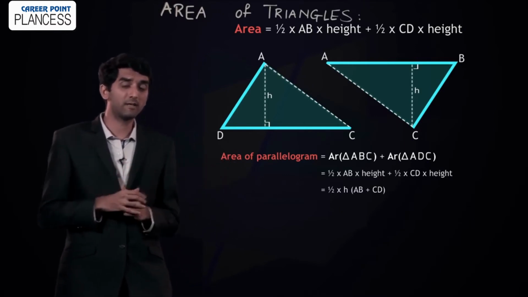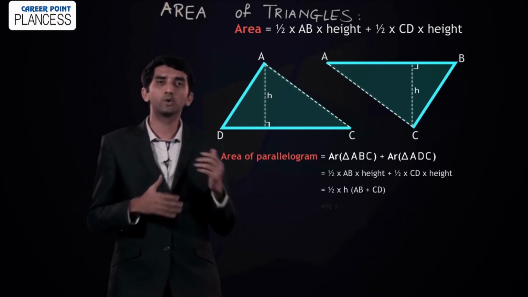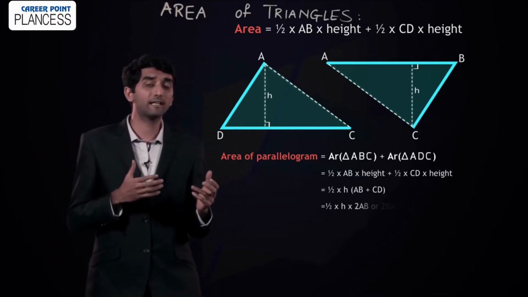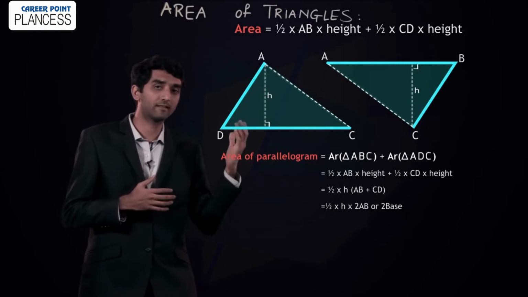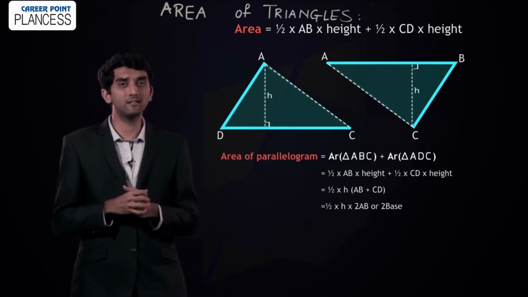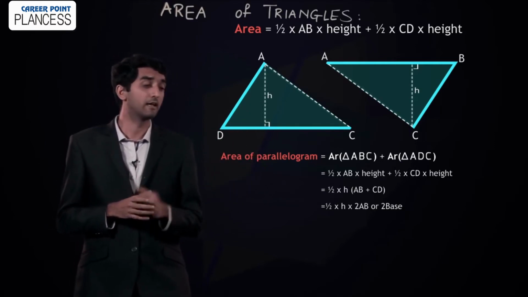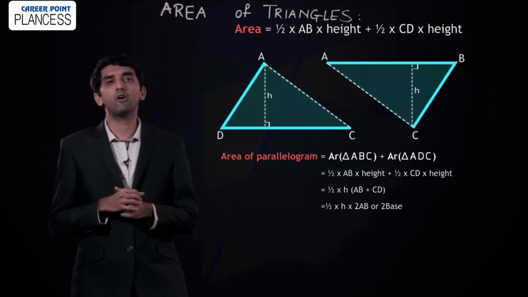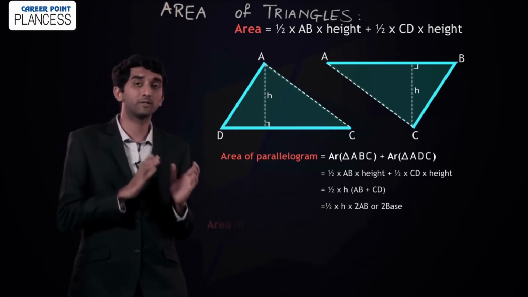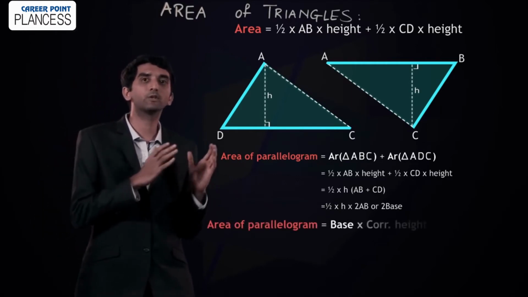So we can write AB plus CD as 2 times AB, or 2 times base, and that 2 is going to cancel with the half in the denominator, and ultimately the area of the parallelogram is going to be just base into height.